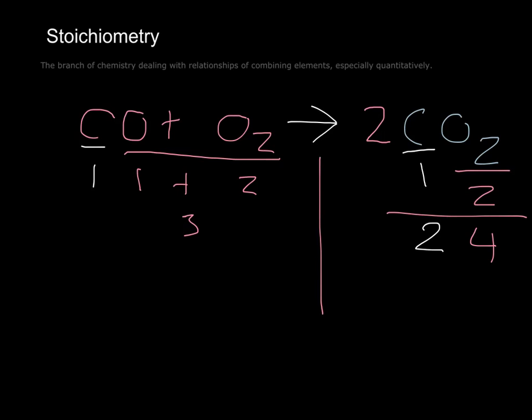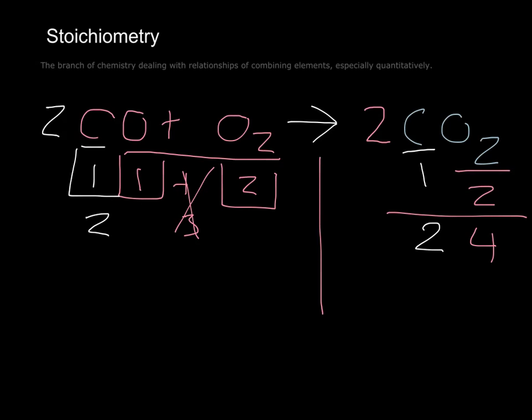So what can we do to change this to make sure it's balanced? We have 2 oxygens right here, and right here we only have 1. So we also need to gain a carbon over here on our reactant side. Let's write a 2 in here, and that should balance this out. 2 times 1 carbon is 2.